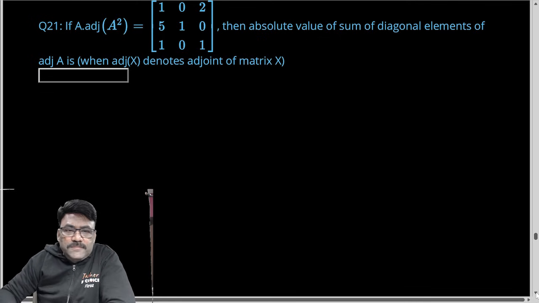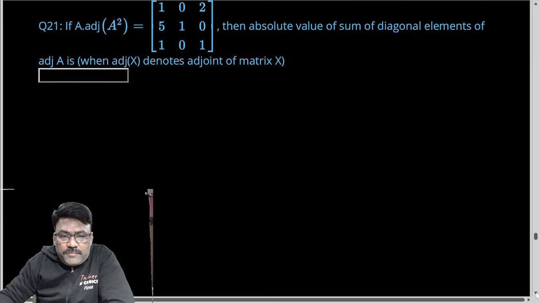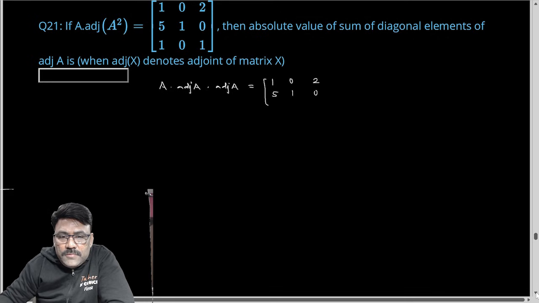So what is given here? A into adjoint A square. Adjoint A square can be written as adjoint A into adjoint A. And this is what? 1, 0, 2, 5, 1, 0, 1, 0, 1.